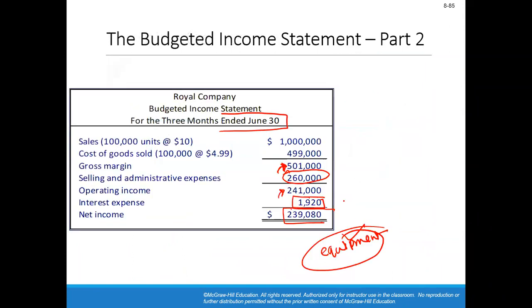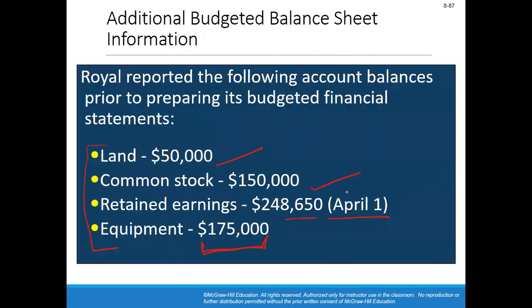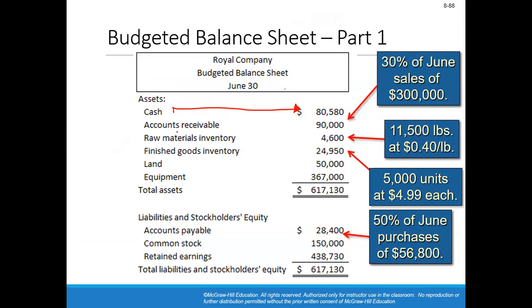Okay, so this cash balance is from here. Now accounts receivable is coming from our earlier numbers, and raw materials inventory we already have worked with. Finished goods inventory we already have worked with this. You can recall this calculation.